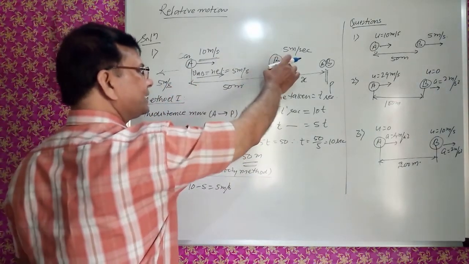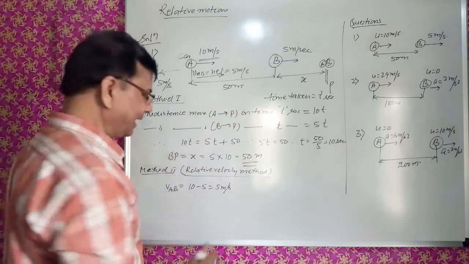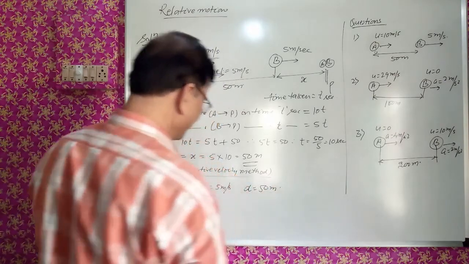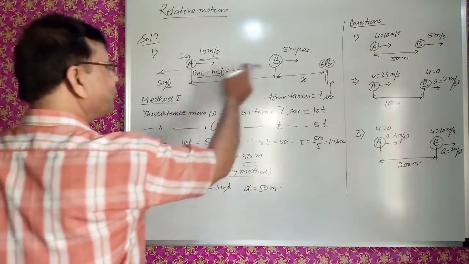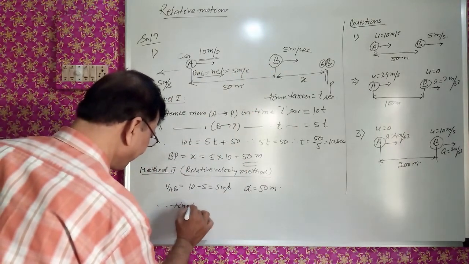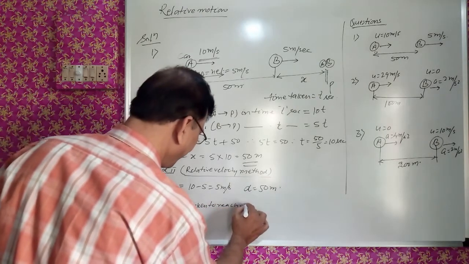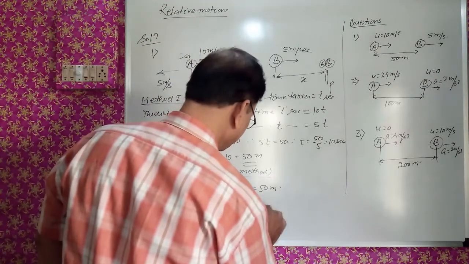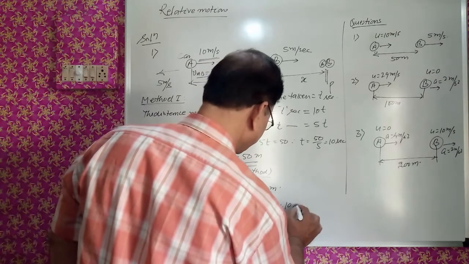Now B has come to rest, and A is moving with 5 meters per second, and the distance d is equal to 50 meters. So distance upon velocity is time. A has to reach B, therefore the time taken to reach B is equal to 50 by 5, that is 10 seconds.